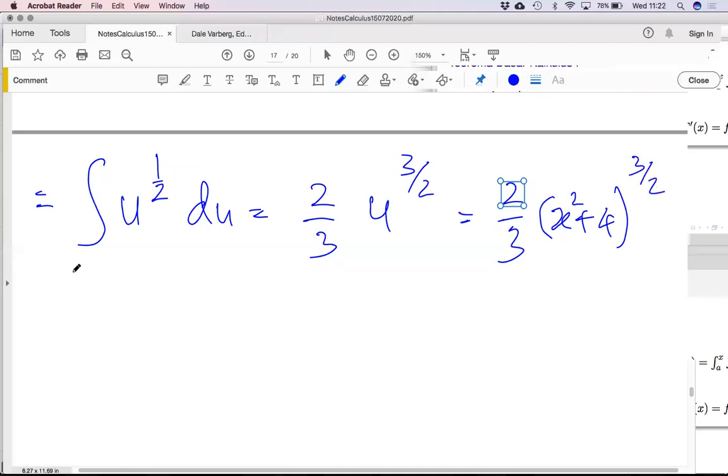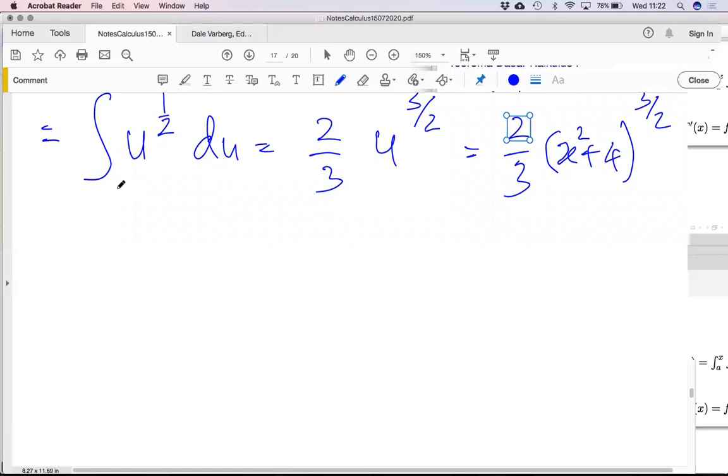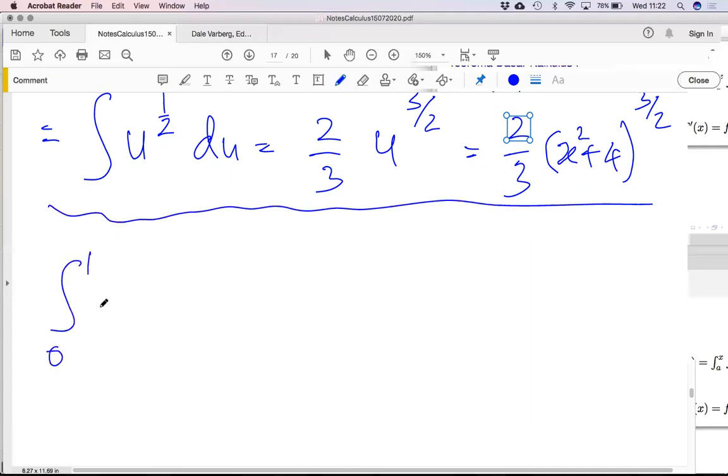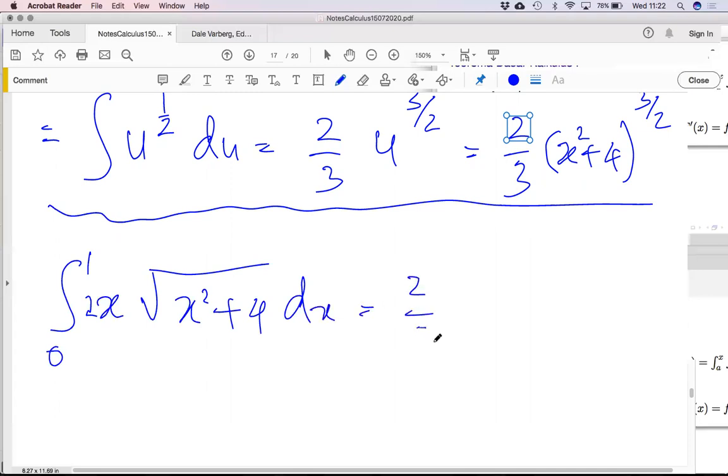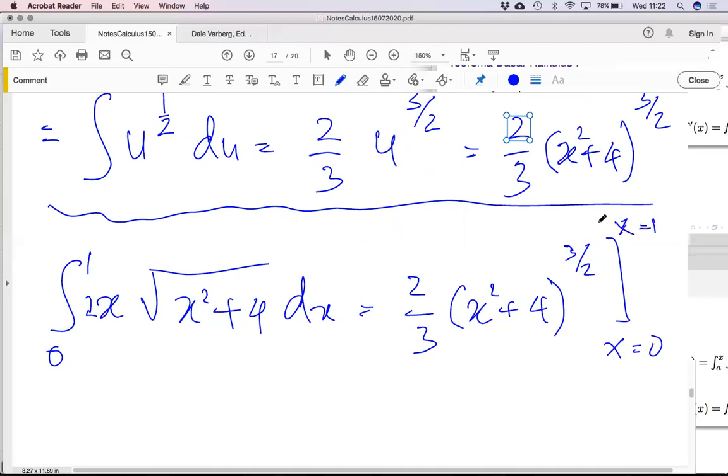So this is your calculation, or antiderivative. Then the complete answer of the problem is 2 over 3 times (x squared plus 4) to the power 3 over 2, with x from 0 until x equals 1.